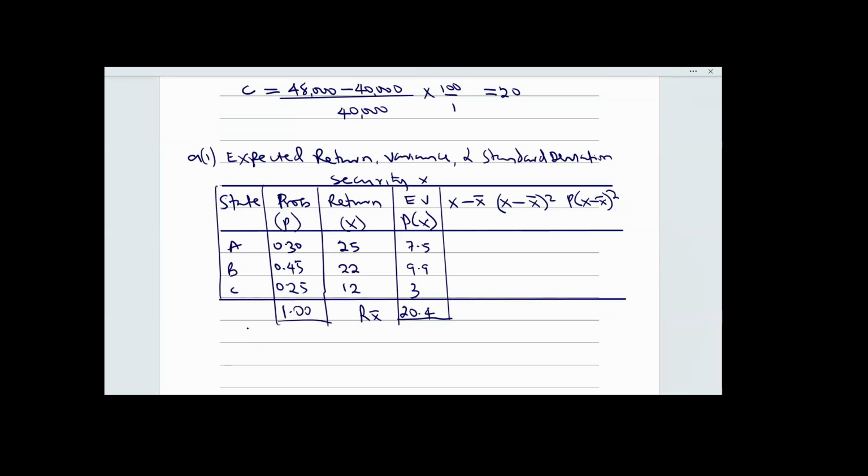So to now get the variance of security X, we are supposed to extend, which is what we have done in this table.